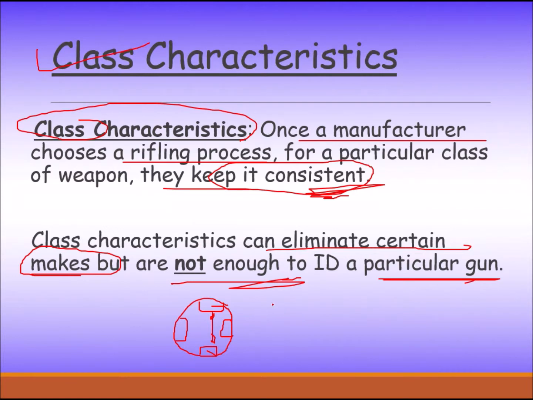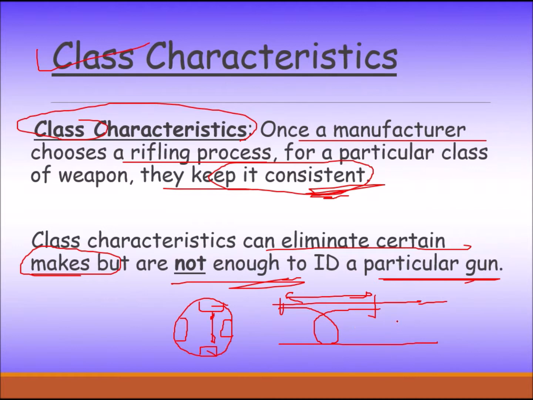What is twist? Twist is the distance in inches traveled by the bullet in one complete rotation. This is the twist of any firearm. So twist is also a class characteristic.